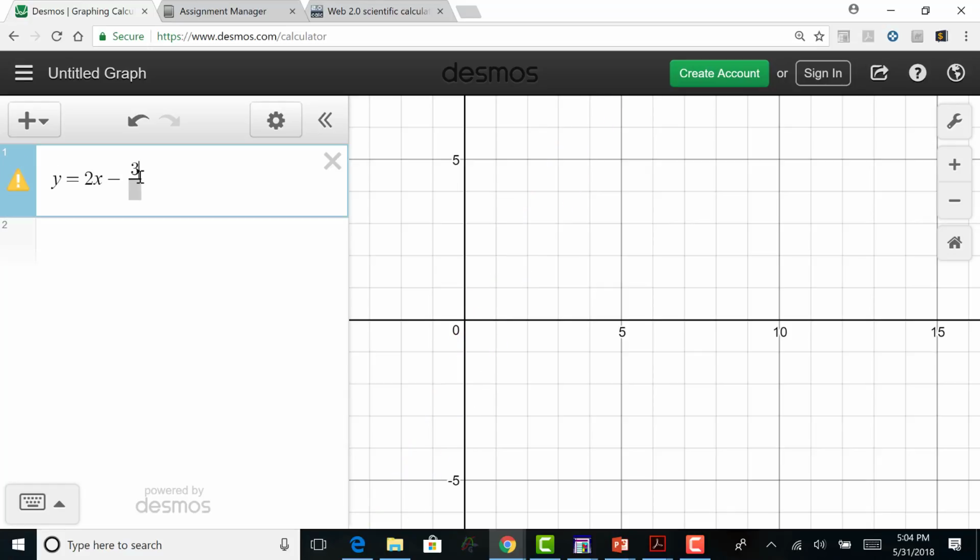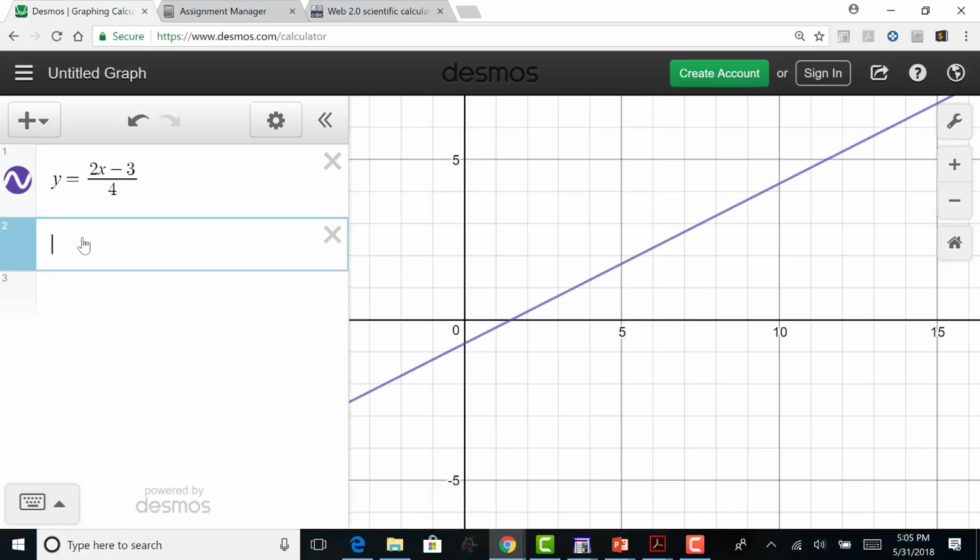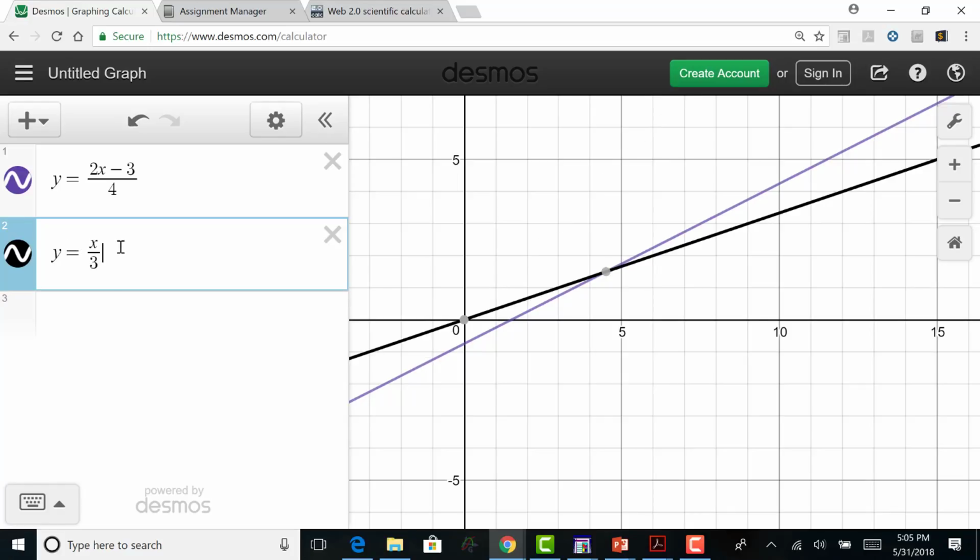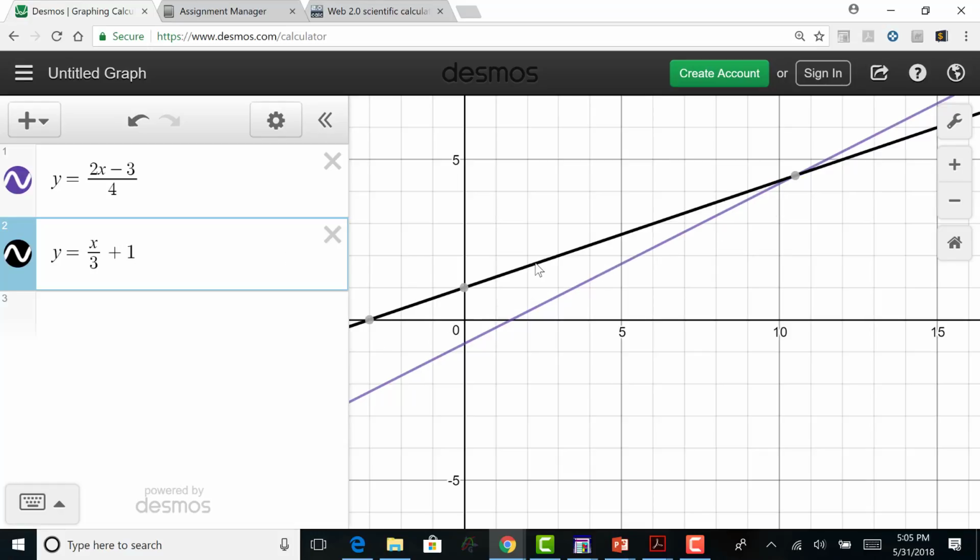Yeah, if I do it that way, it won't write it right. I don't know what I was hitting that was doing it wrong for some reason. Y equals x divided by 3 plus 1. Plus 1 or minus 1? There are your 2 equations. Did you have these 2 equations on your screen? Wherever they cross is the solution.